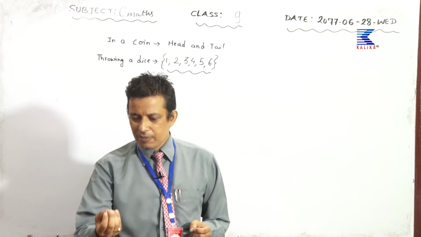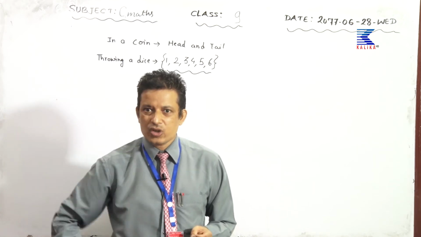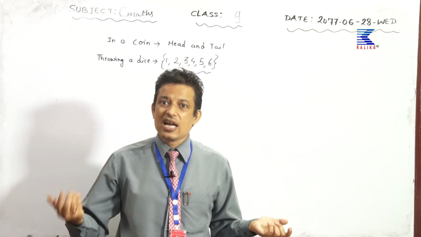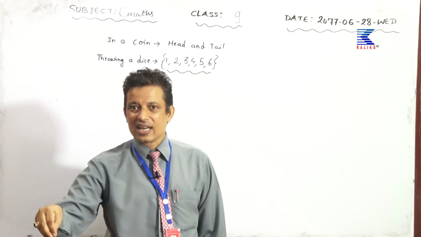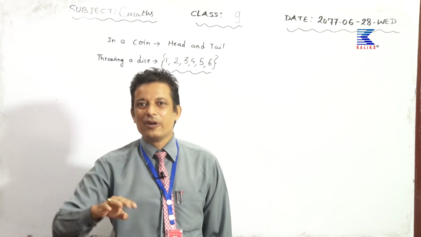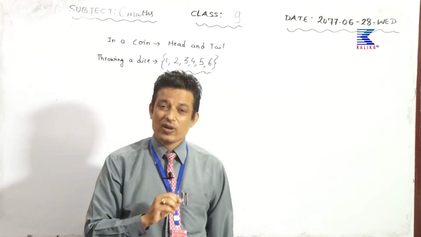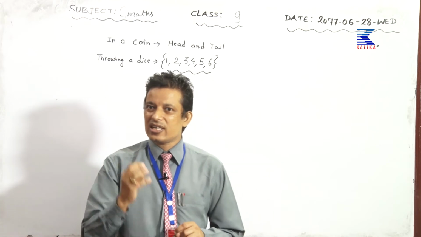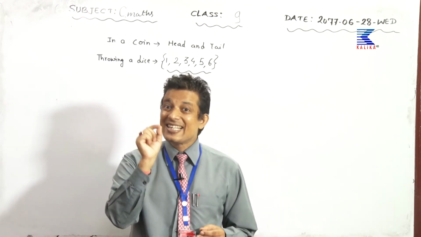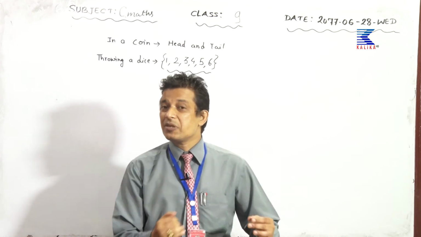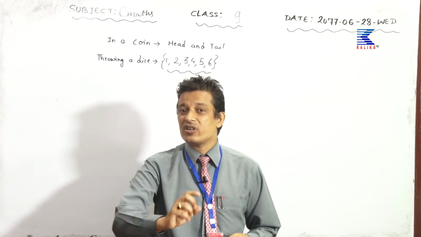Whether 1 can be at the top surface of a dice when you roll? Yes, obviously there is a chance. How many 1s are there? Single 1. How many 6s are there? Single 6. How many 4s are there? Single 4. This way, in the case of rolling a dice or tossing a coin, all the events are single in number. So, such events are known as elementary events.